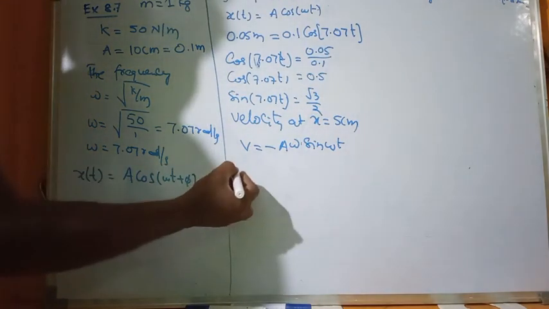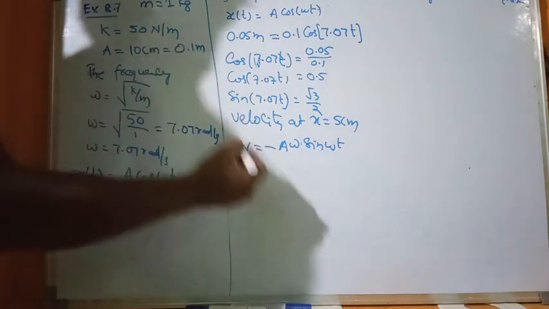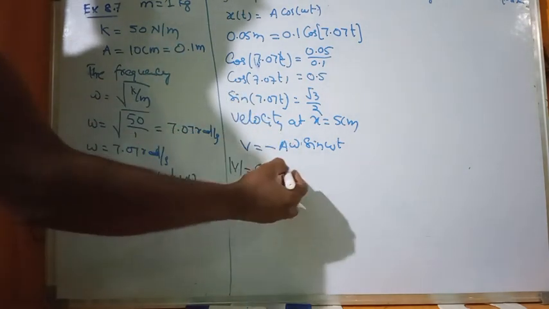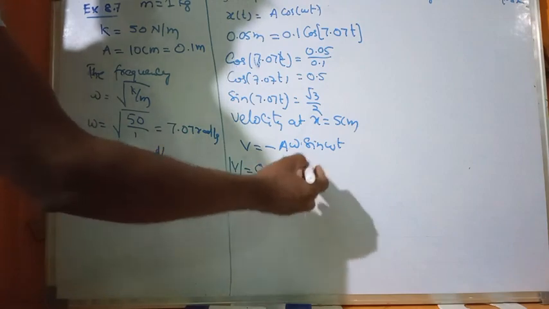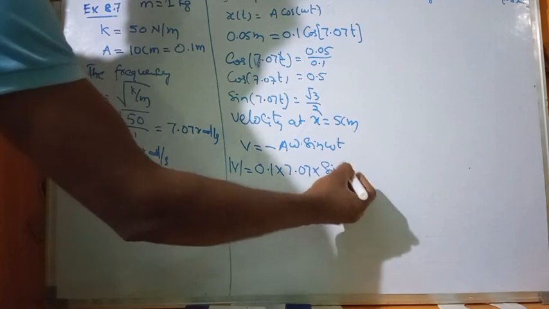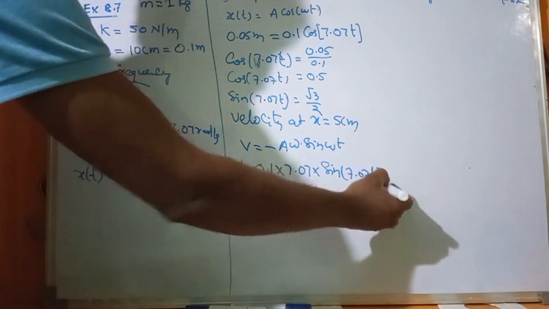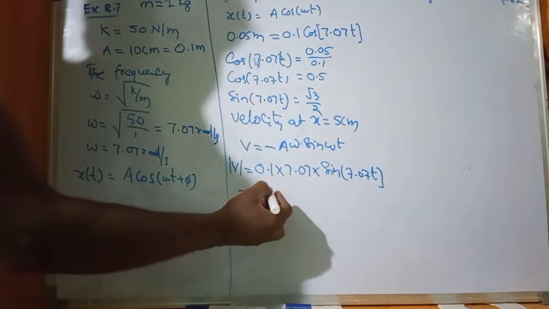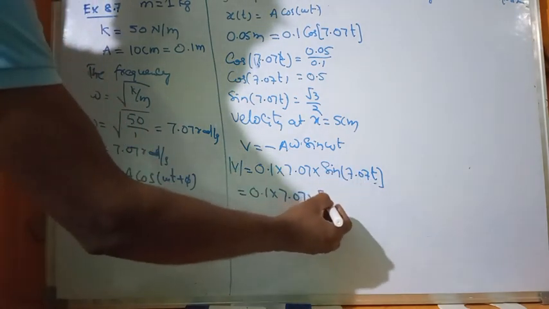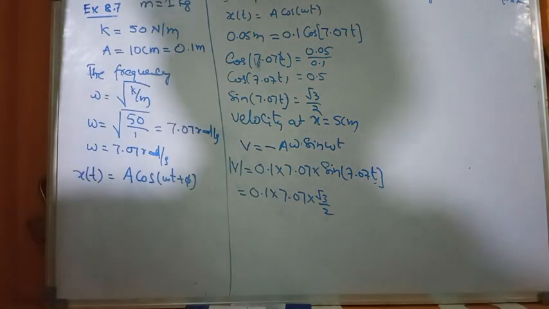So write down the magnitude of the velocity: v is equal to a omega sin omega t, that is 0.1 into omega, omega is 7.07, into sin omega t, which is root 3 by 2.